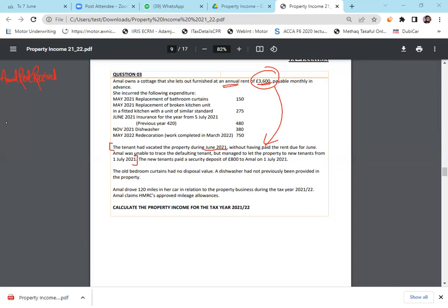He lost one month, so his annual rent received should be how much? This 3,600 is annual rent, meaning it is for 12 months, so divide by 12, multiply by 11. We get 3,300, right? Now allowed expenses one by one.